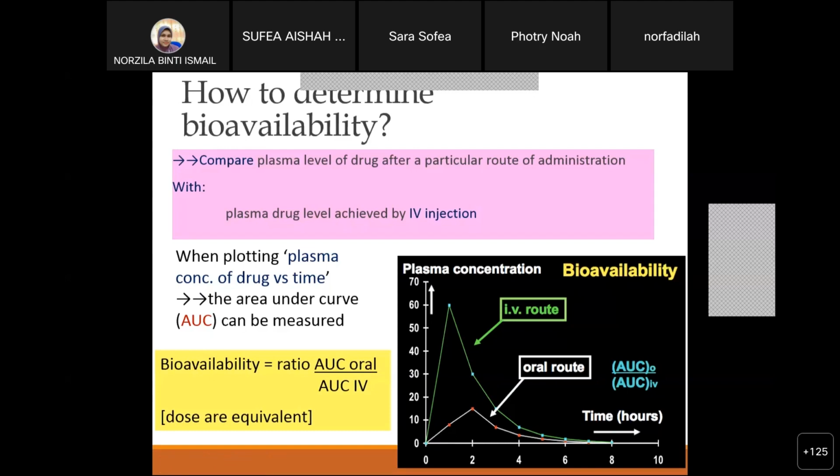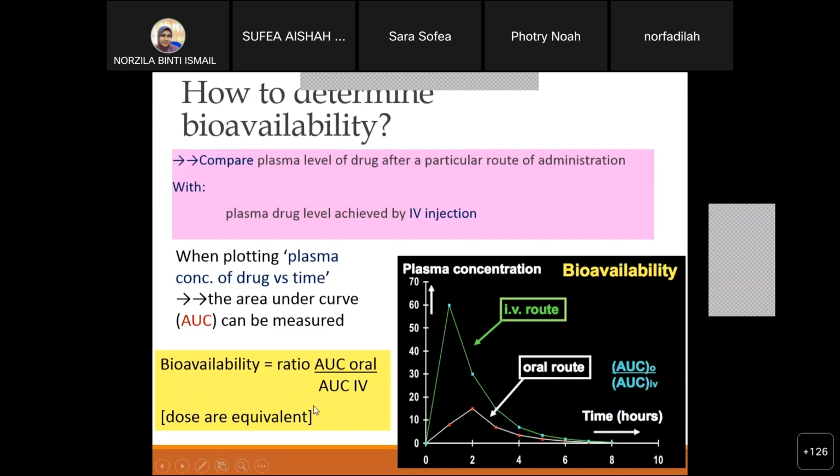So we test through IV, we test through oral, and we can calculate the bioavailability of the drug. The drugs that are available commercially right now, the bioavailability has already been determined. But for new drugs, in the process of making new drugs, we have to calculate everything, including bioavailability. So this is how we calculate.